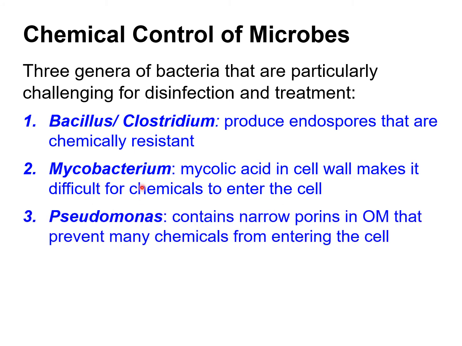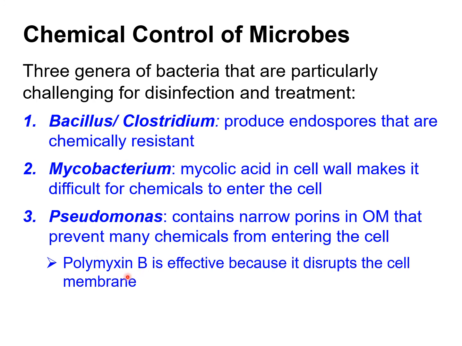A third group is the Pseudomonas genus, and they basically have very narrow pores within their outer membrane, so they're gram-negative, and that's why they have an outer membrane. And so therefore, again, it makes it very hard for the chemicals to pass through, and therefore way more challenging to kill.